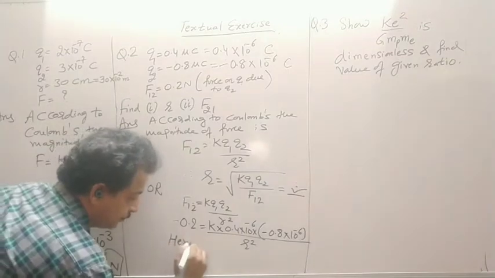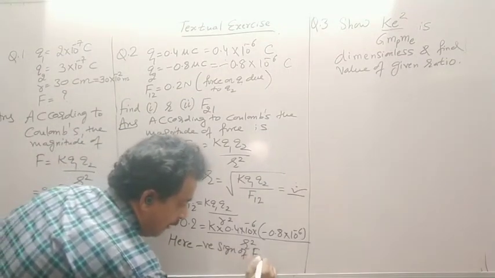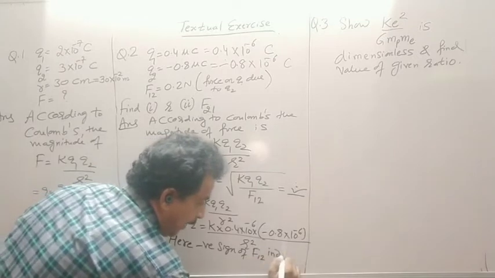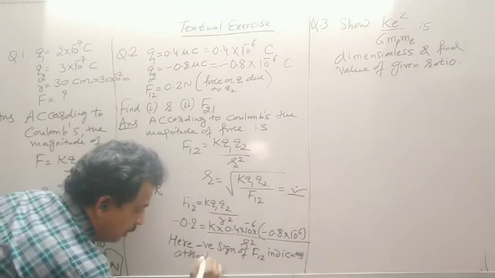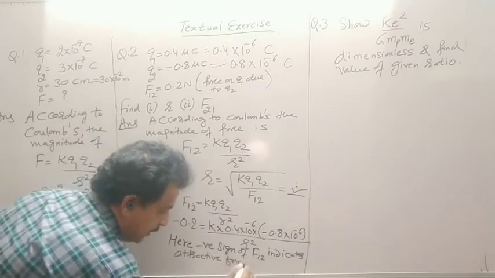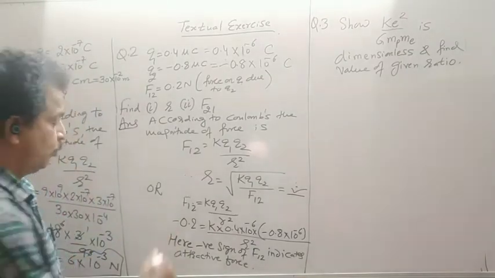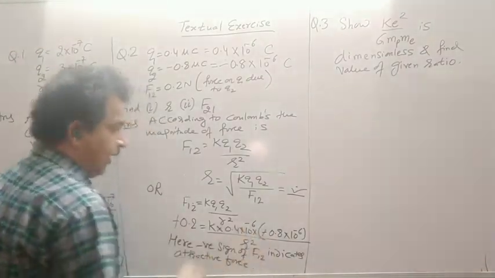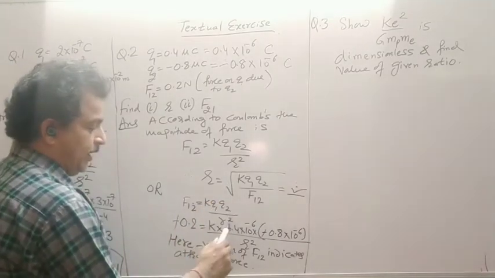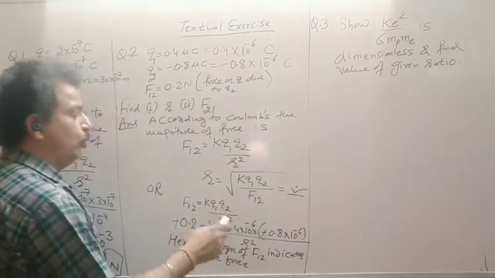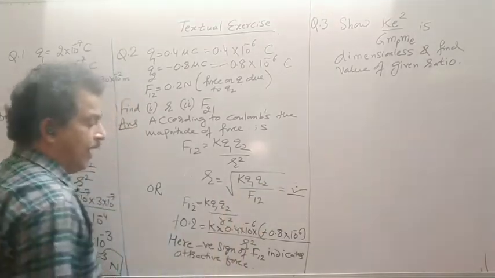Here negative sign of F12 indicates attractive force. So even if you consider this negative sign, it will be cancelled, and again r square can be written as K Q1 Q2 upon F12, or r can be written as under root K Q1 Q2 upon F12.